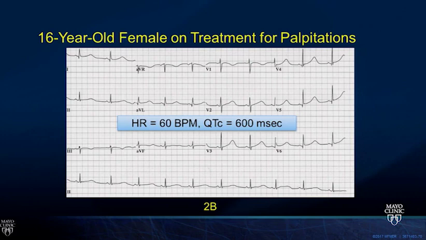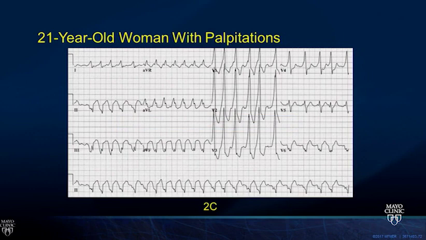Don't forget the QT interval. Don't forget the QT interval. And especially that one that I showed you just previously that looks like hypocalcemia. That can look very like long QT3. So just keep that in mind. Don't forget the QT interval in an apparently normal looking ECG. All right. Let's move on.